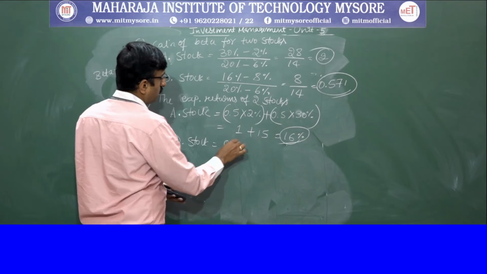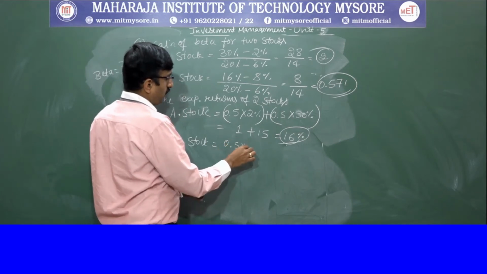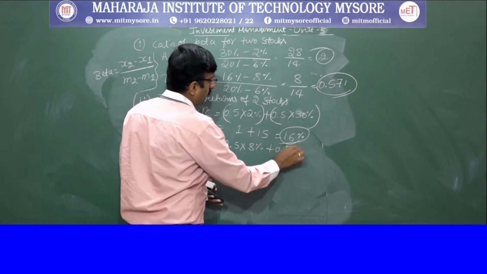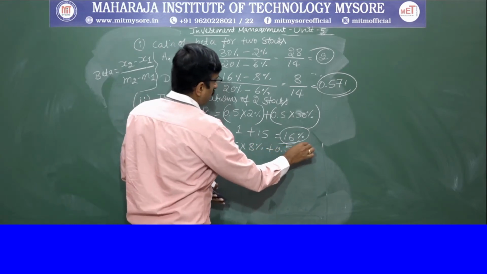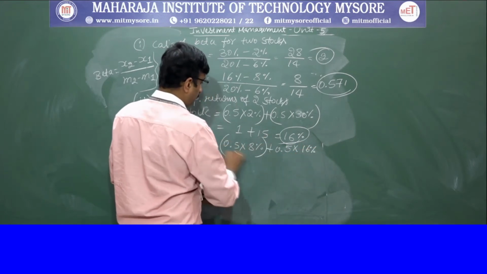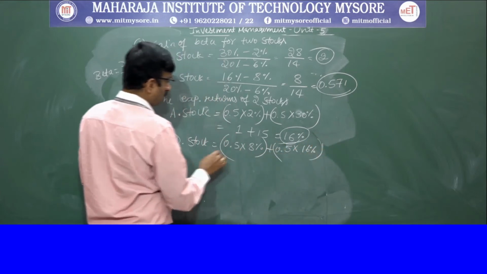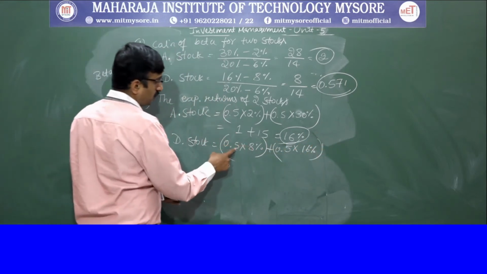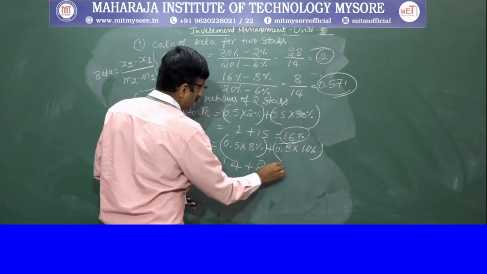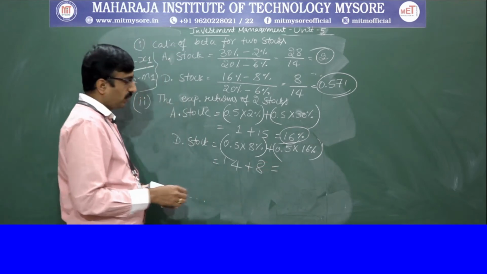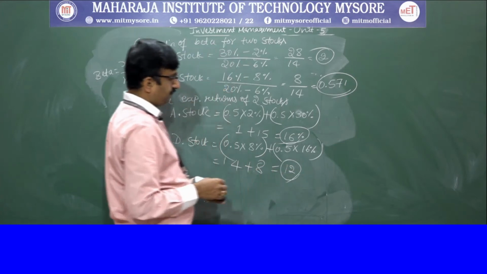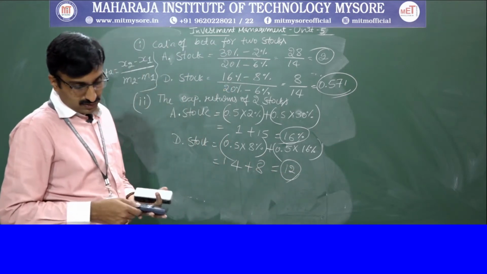That is 0.5 into 8% plus 0.5 into 16%. Half of 8 is 4 and half of 16 is 8, so we get 12.